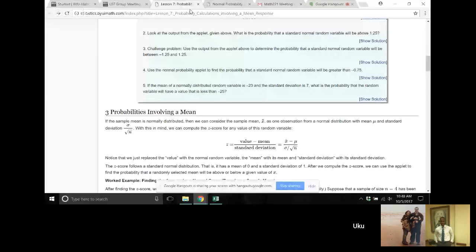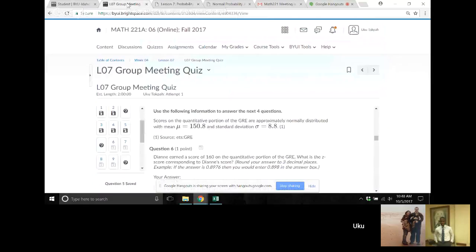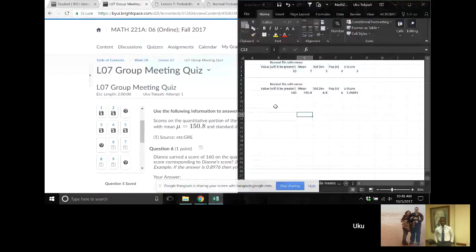Let me know if you guys can see my screen. Yeah, I see it. So this is what I'm using. Here it still has the number, but since they didn't give us the number, I'm thinking this part of the formula should work. I could be wrong, but that's the only thing I have so far. Okay, so I'll do that instead and see what happens.